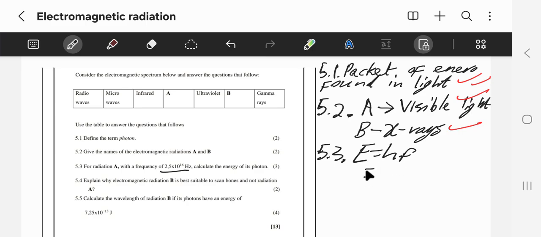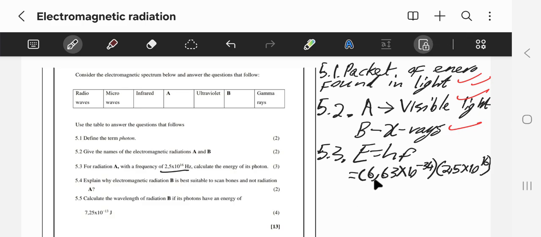and we will substitute the information that we have, and we have h, and h is 6,63 times 10 to the power of negative 34. Remember that this is given on your information sheet, data sheet. And our f is given as 2,5 times 10 to the power of 16.